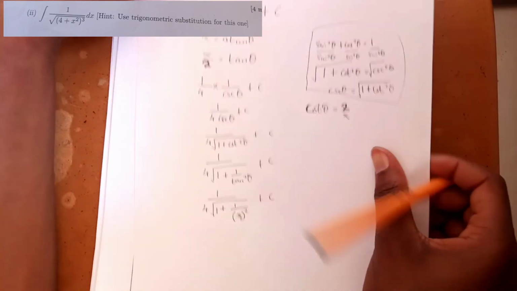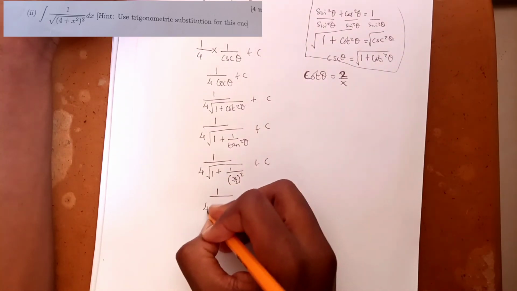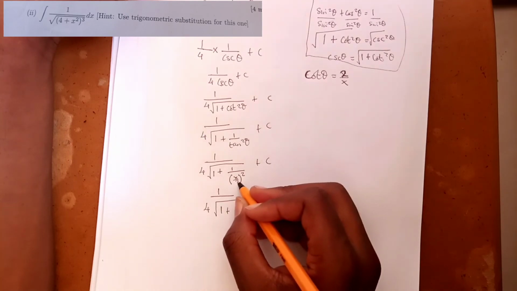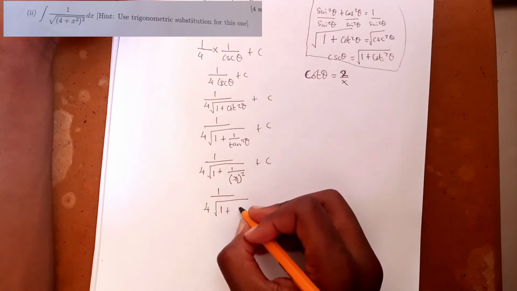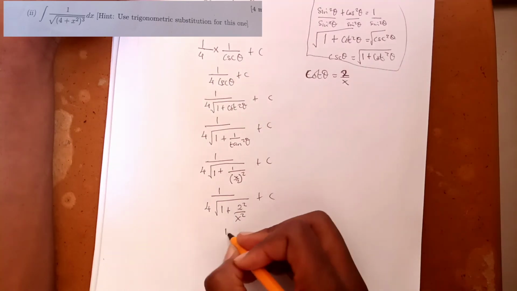Now we are going to evaluate, because now we have our x. The denominator can go up. We are going to say 2 to the power 2 over x to the power 2, plus c.